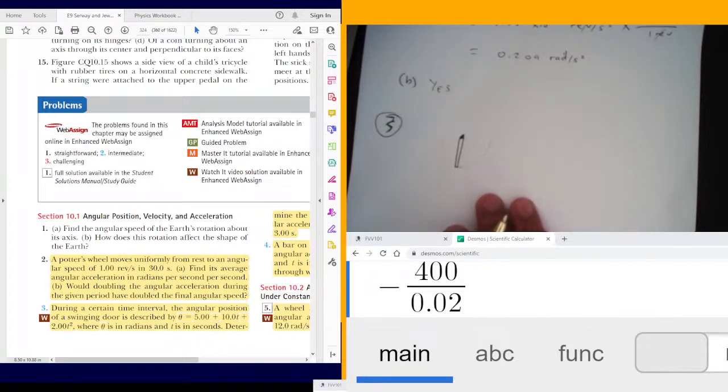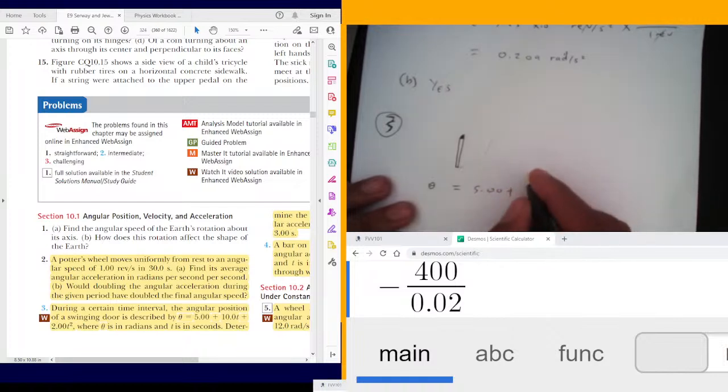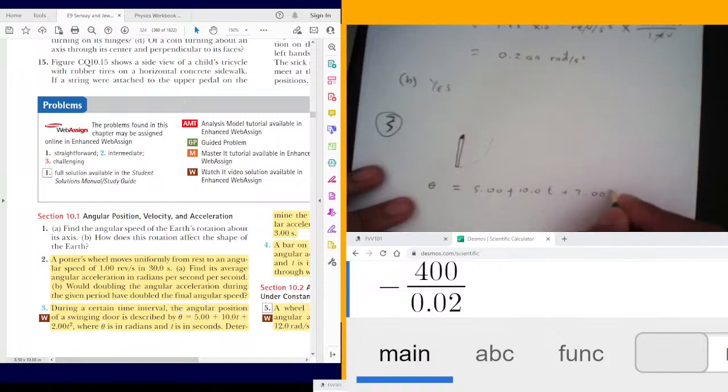Now it says the angular position of this door is described by theta, which is equal to 5 plus 10t plus 2t squared.